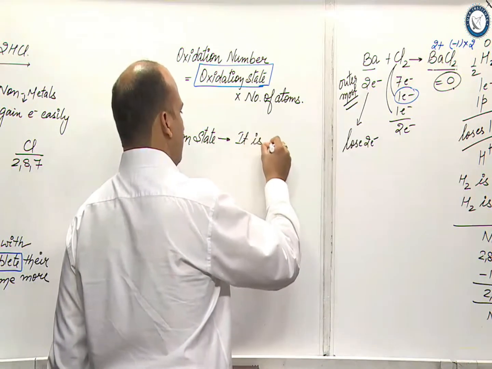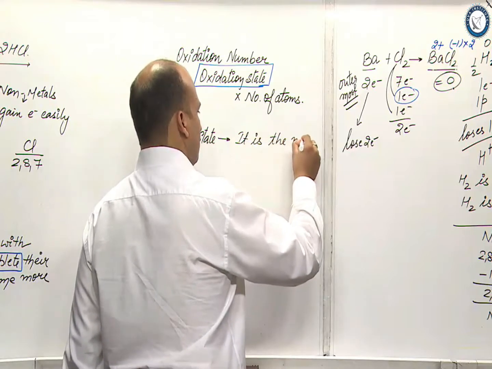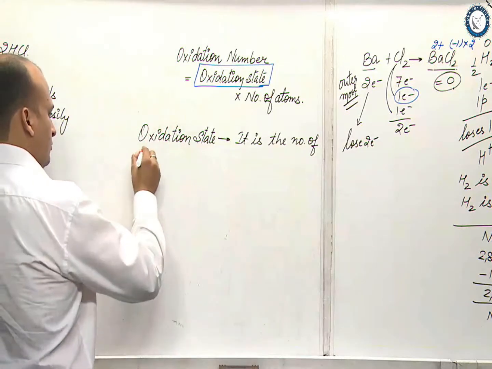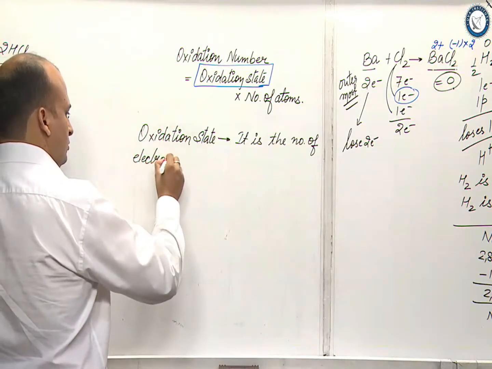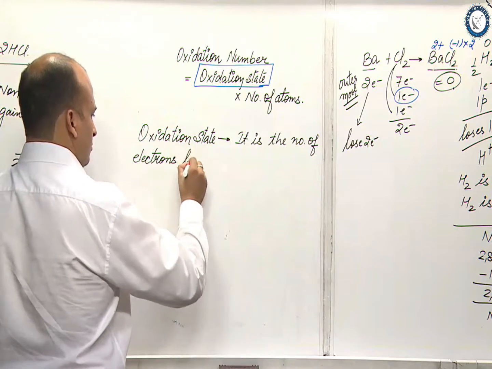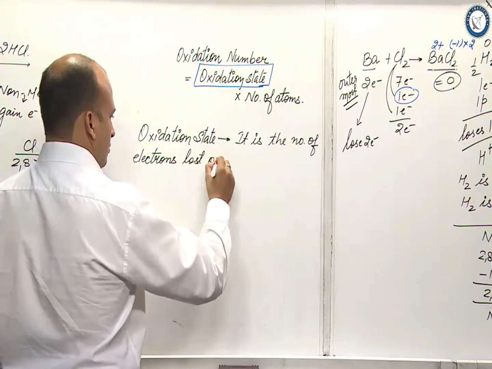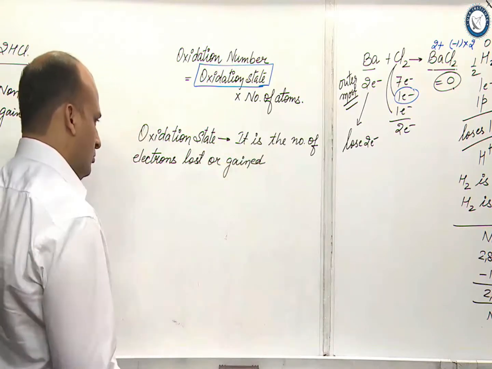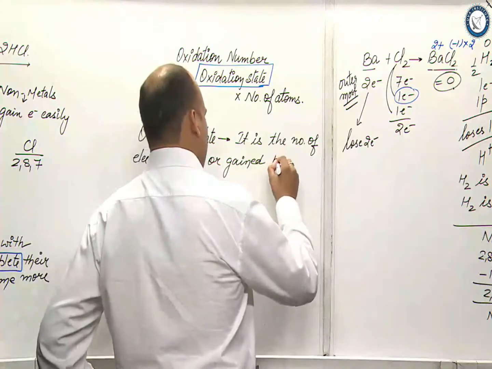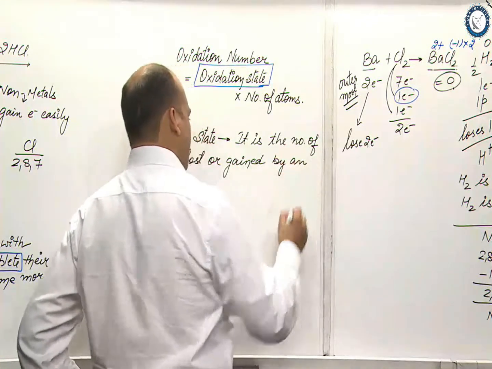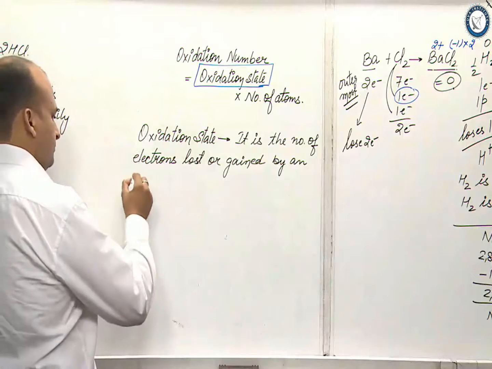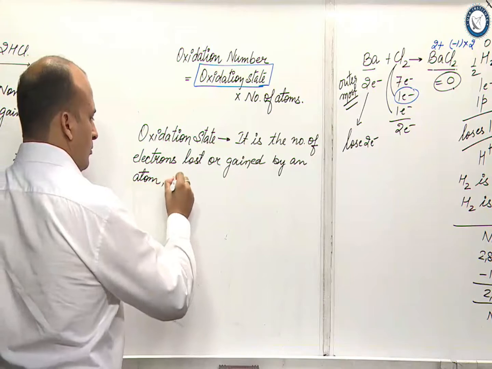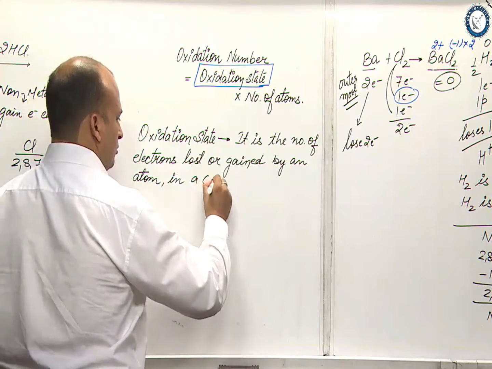It is the number of electrons lost or gained by an atom in a compound.